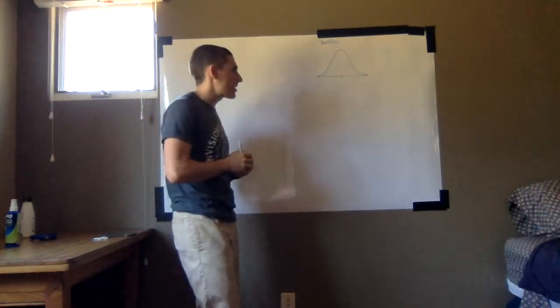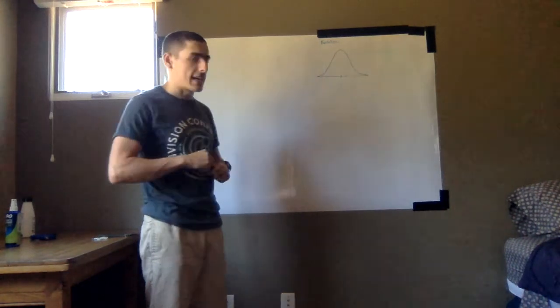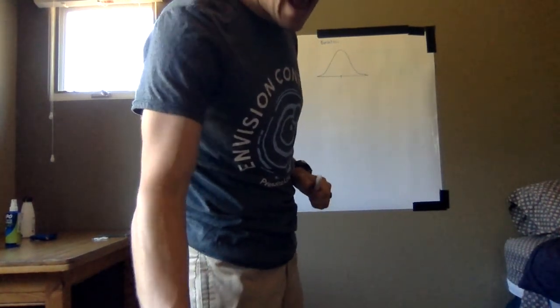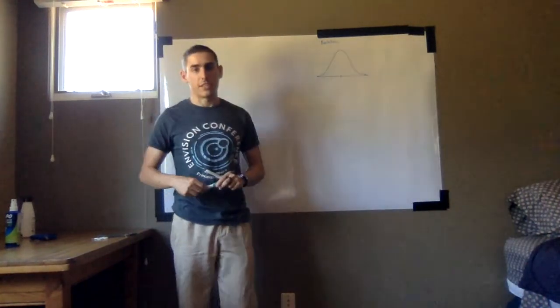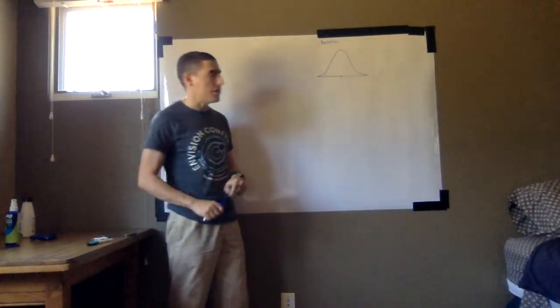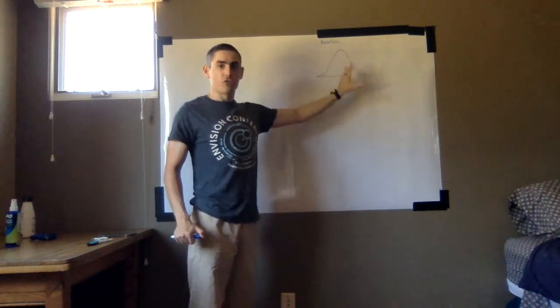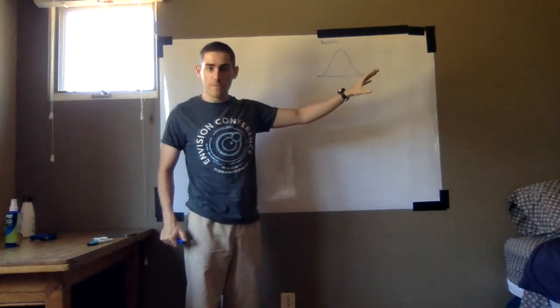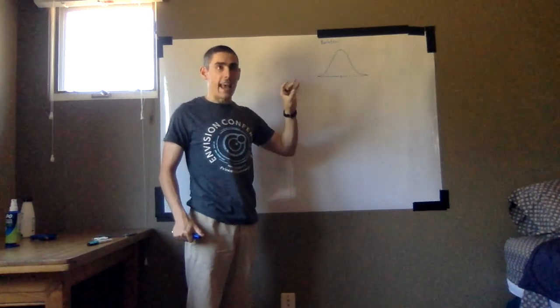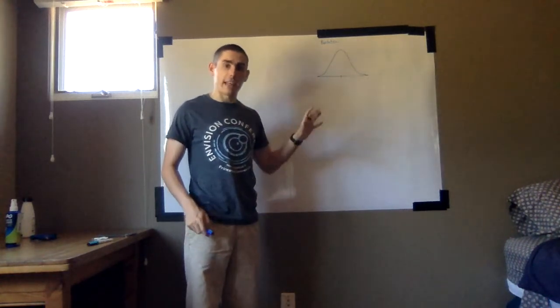And so the first thing that I want to point at is a difference in terminology, and that is the difference between a parameter and a statistic. A parameter is some value of the true total distribution, and a statistic is a way of estimating that parameter.